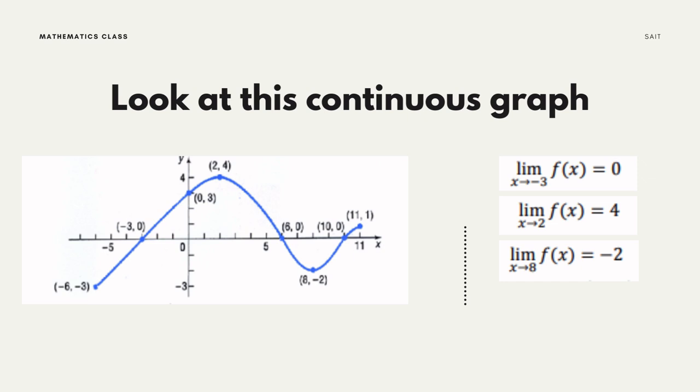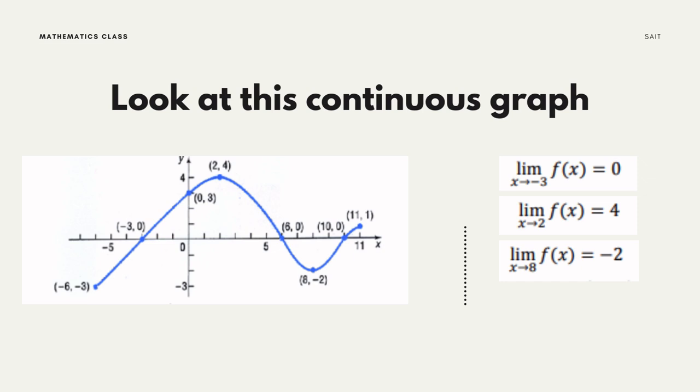You can see, if I start from one end and draw my graph, I don't have to lift up my pen till I get to the end of the graph, right? And the domain of this function, which is related to the x value, starts from -6 all the way to +11, right? And the range is from -3 all the way to +4. Okay, these are the characteristics of our function.